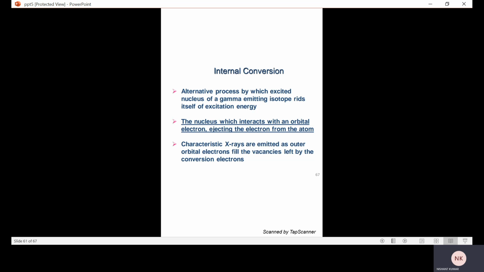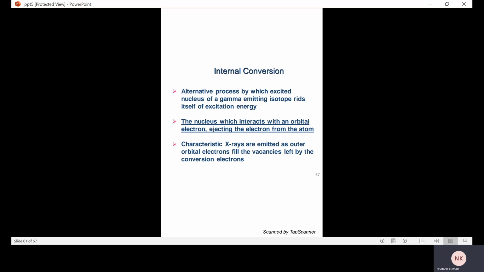Internal conversion: the alternative process by which an excited nucleus of a gamma emission isotope rids itself of excitation energy. The nucleus interacts with an orbital electron, ejecting it from the atom.